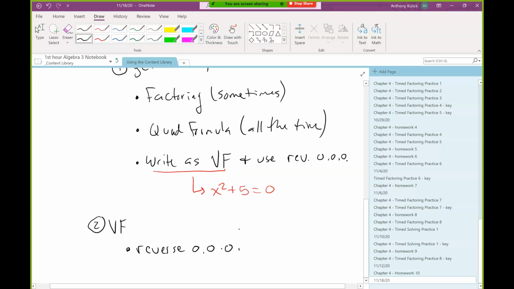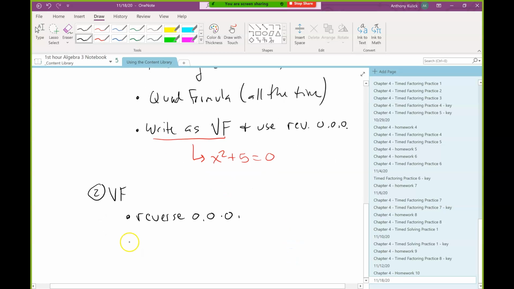So if we have something that's in vertex form, the best thing we'd want to do is to use reverse order of operations, or you could write it in standard form and then use one of your standard form methods.